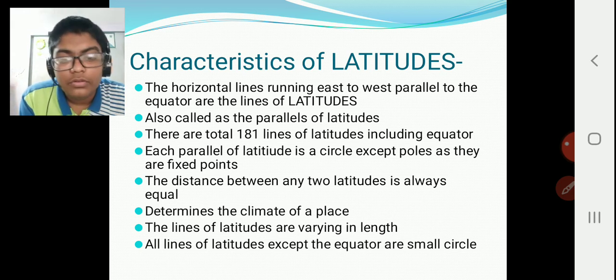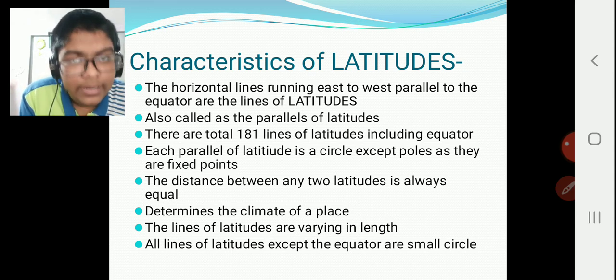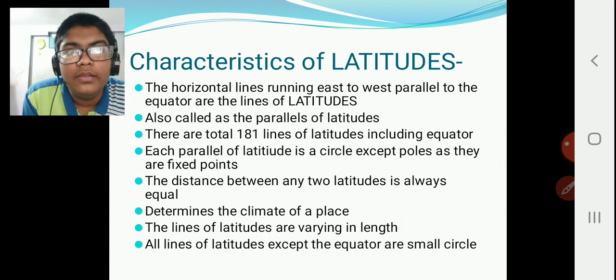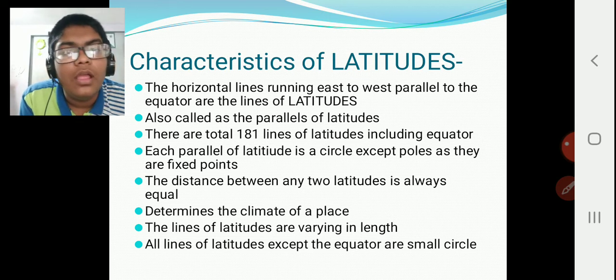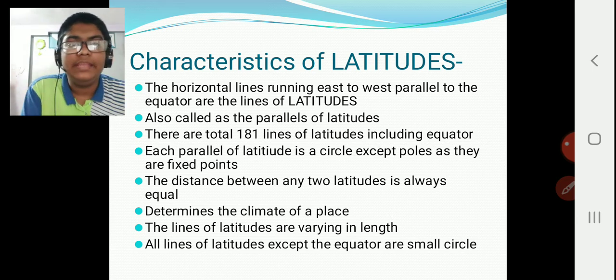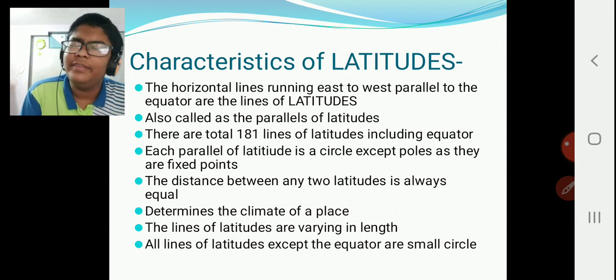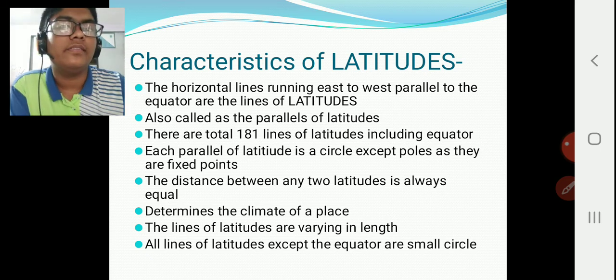A latitude at a lower angular distance is going to be bigger, but a latitude at a higher angle is going to be smaller. All lines of latitude except the equator are small circles. We will be learning about small circles and great circles in detail afterwards.